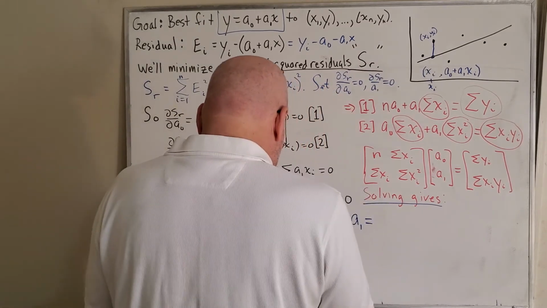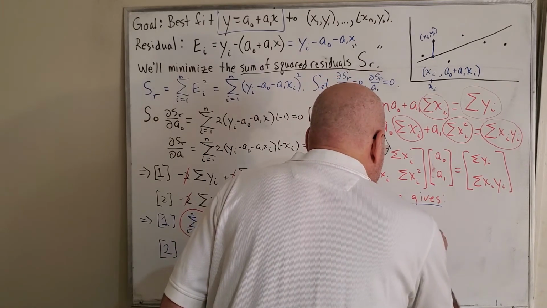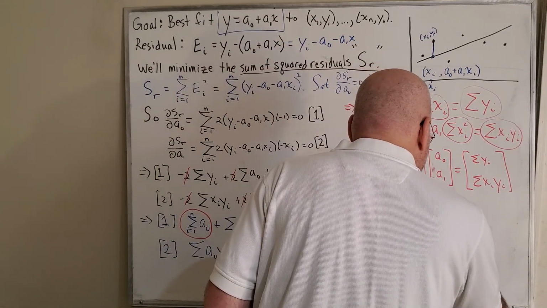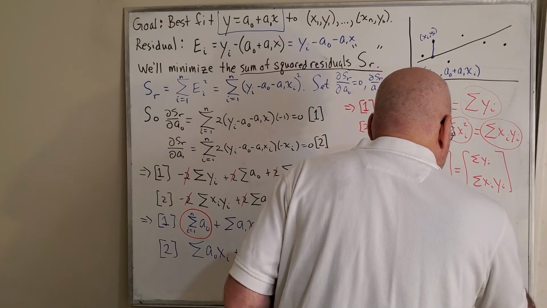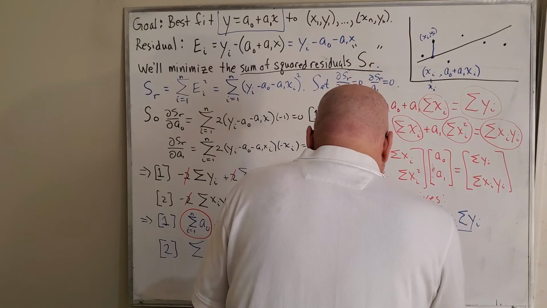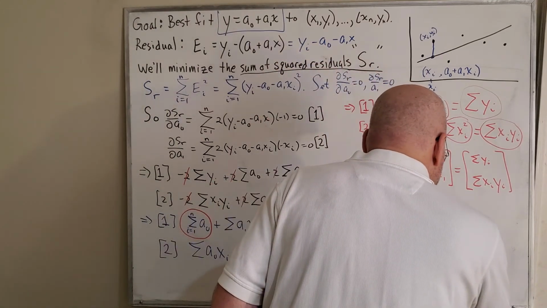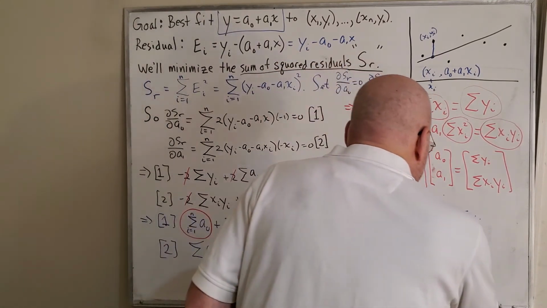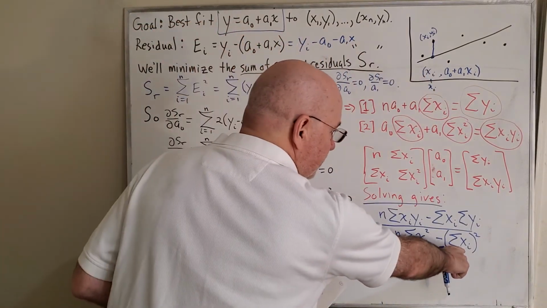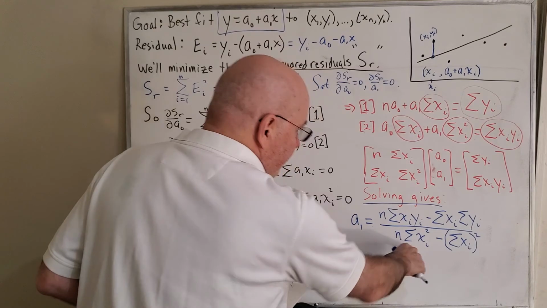A1 is equal to n times the sum of the xi yi's minus the sum of the xi's times the sum of the yi's, all over n times the sum of the xi squared minus the sum of the xi's in parentheses squared. So you add up all the x values and then square it. Here, you square all of the x values individually and then add them up.